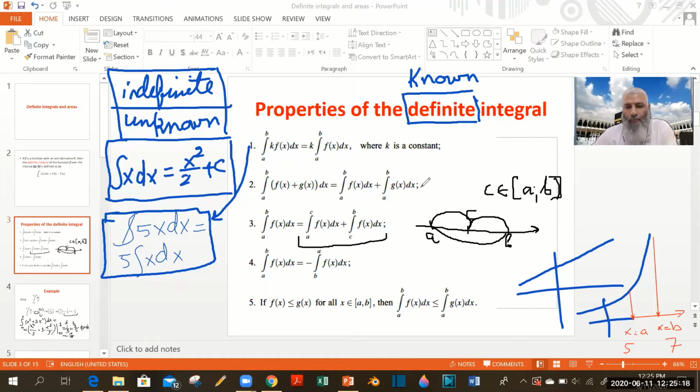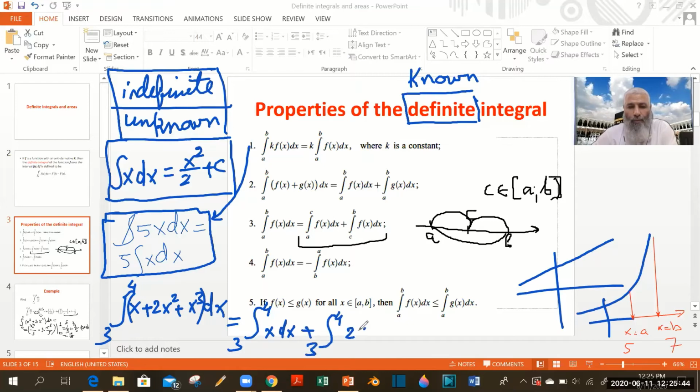Like if I want to do the integration from 3 to 4 of x plus 2x squared plus x cubed dx, this is the integration from 3 to 4 of x dx plus the integration from 3 to 4 of 2x squared dx plus the integration from 3 to 4 of x cubed dx. This is rule number 2.